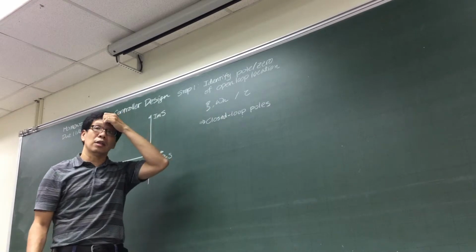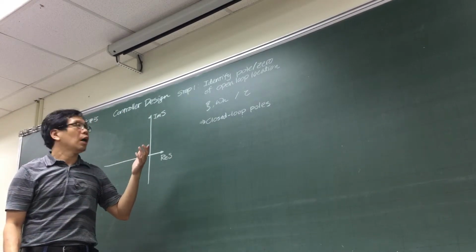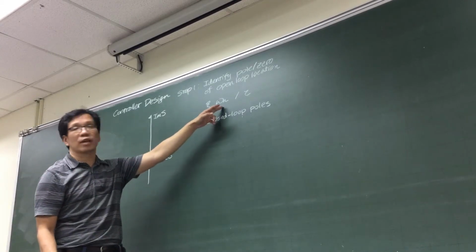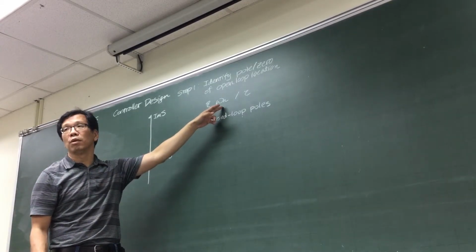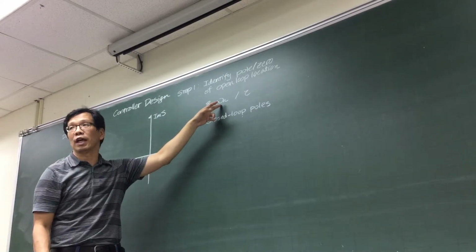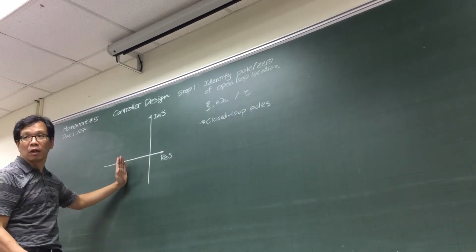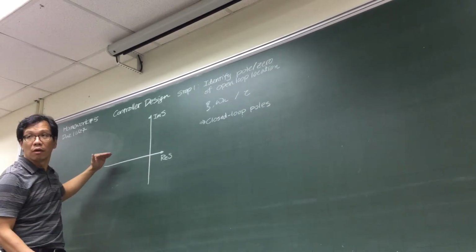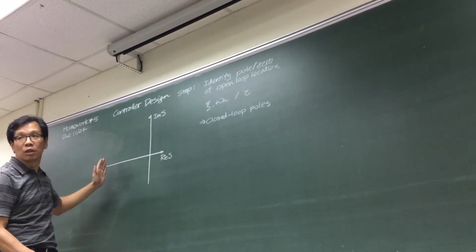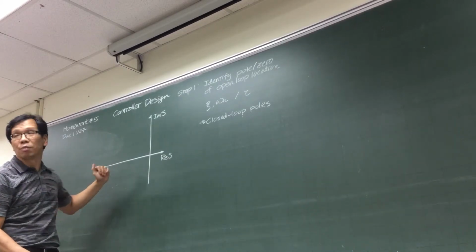For the omega n, that depends on how fast your system is going to respond to your input. So combining zeta and omega n, we should be able to find out where we're going to put our zeta omega n along the x-axis. So that is how we determine which region is going to contain our closed loop poles.